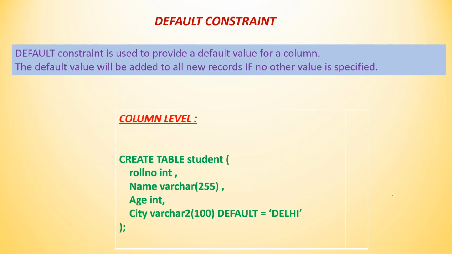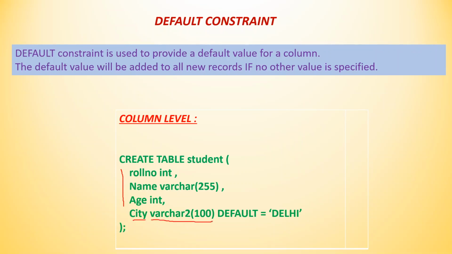Next is default constraint. Default means the value which is already present. Default means whenever you input some record and you do not specify any value for that column, this default value will be taken by the system. For example, here we have created a table. All attributes are written over here, and here we have written city.